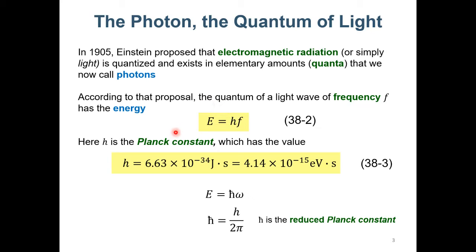found that E should be equal to hf. f is the frequency of the light, and h is a famous constant called the Planck constant.